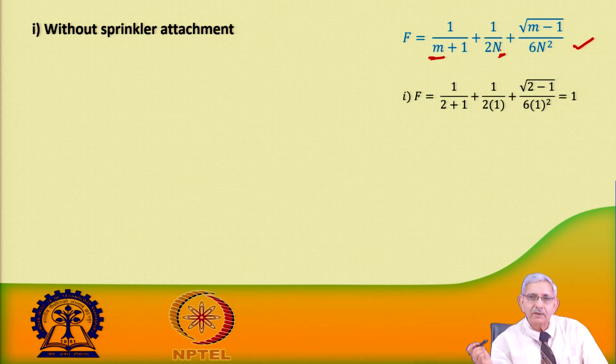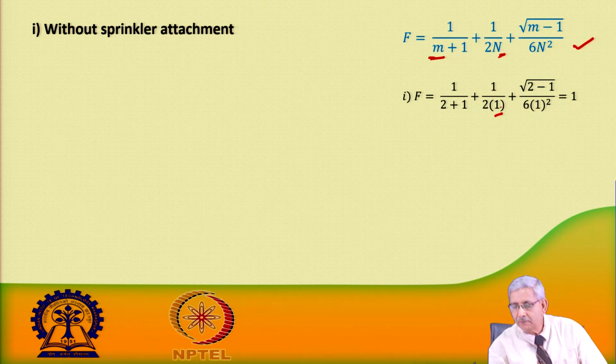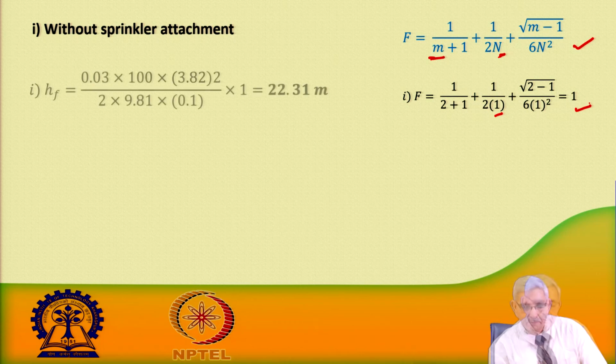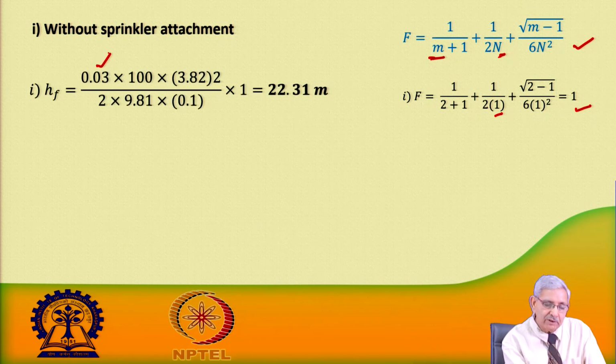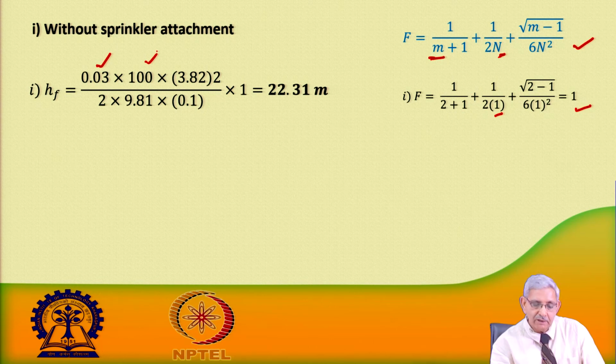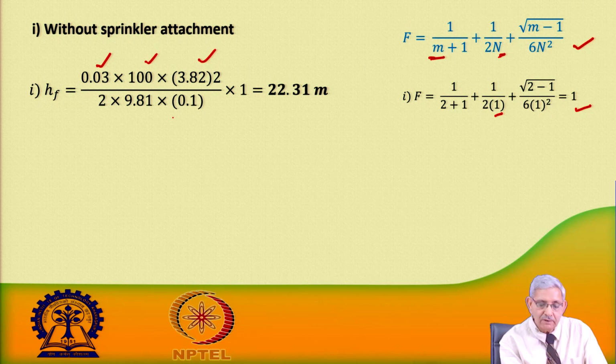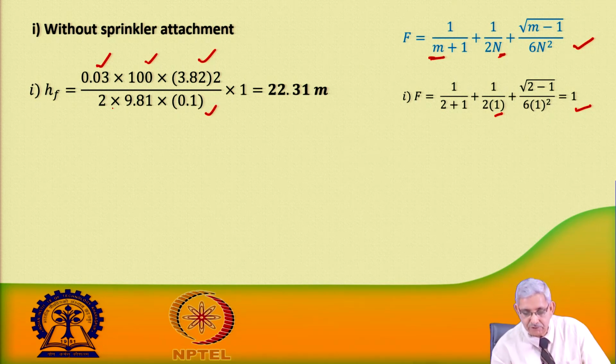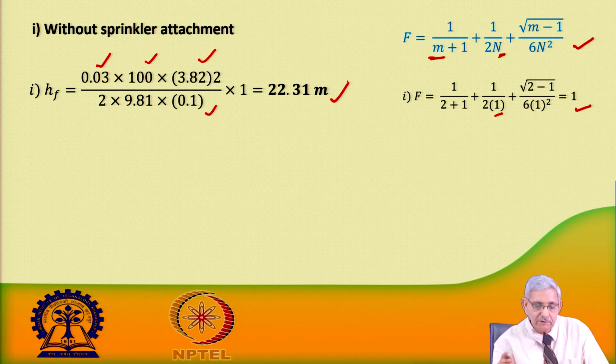So, there is one outlet, that is capital N is equal to 1. So, simply we are substituting the value, f we are getting as 1. We are substituting the friction factor, length of the pipeline 100 meter, and velocity already calculated, v square is 3.82 square, and then substituting the value of diameter and acceleration due to gravity, we get head loss due to friction as 22.31 meter.